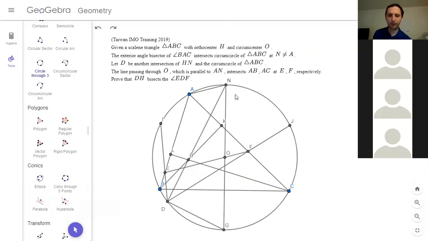So yeah, we want to use the parallelism to show that angle KFB is equal to angle KDB. That's one way to do it. Maybe there's a better way. I'm not sure.